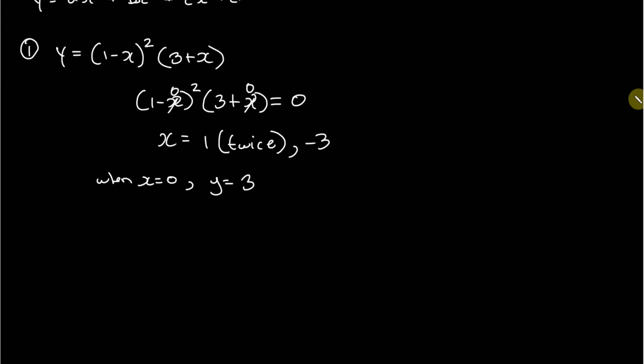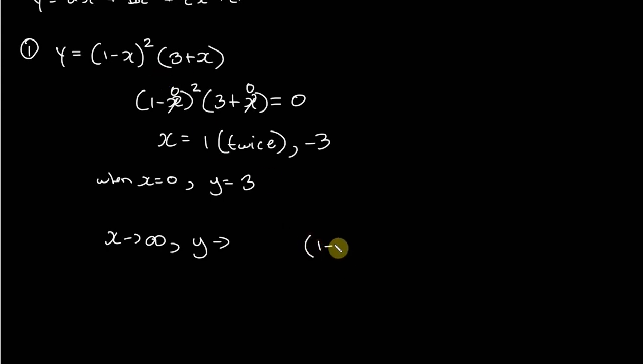And now we really just need to find out what happens to y when x is increasingly negative and when it's increasingly positive at large values. And so when x tends toward positive infinity, let's just pick an arbitrary number, say positive 10, which is large enough in this context.